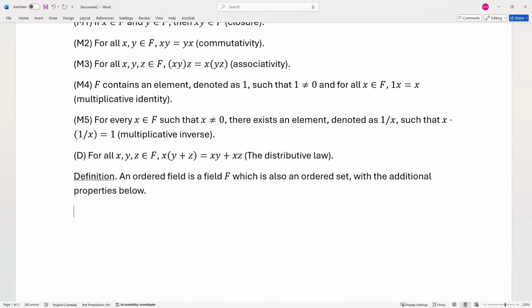All right. So we need the first property, which is that x plus y is less than x plus z.